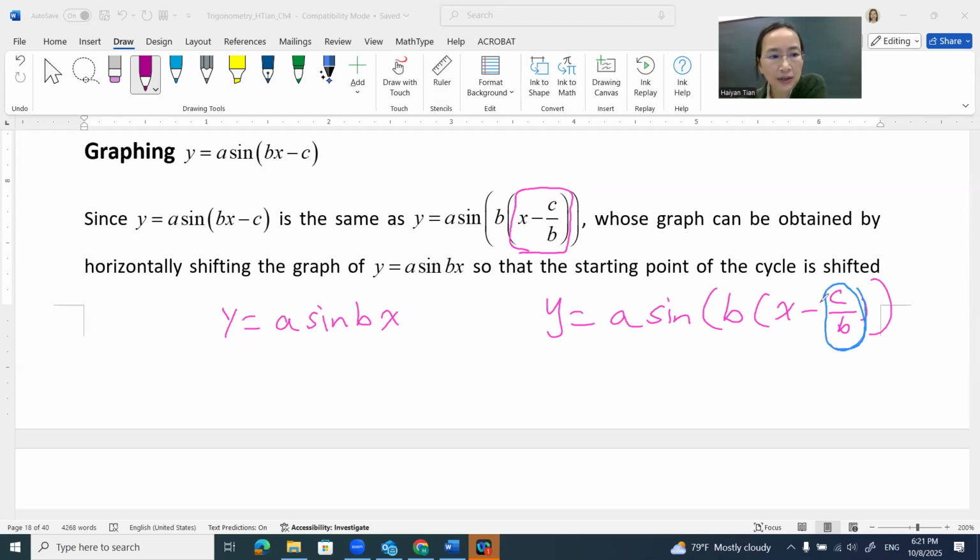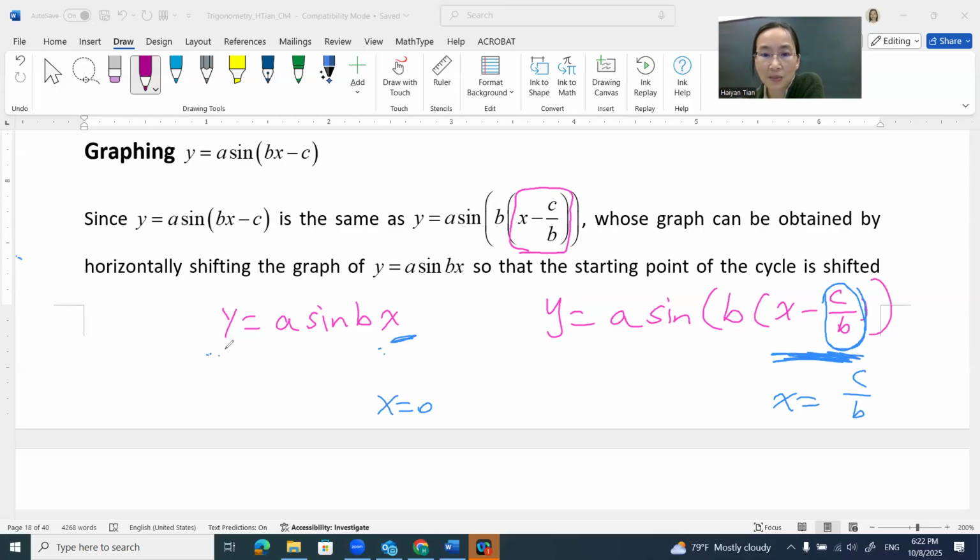To understand why, whenever x equals this number, c over b, this quantity is equivalent to this x being 0.